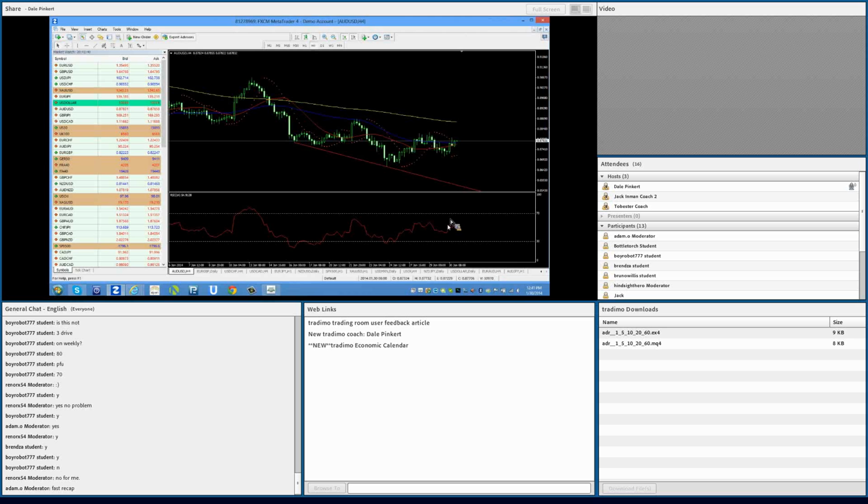You're going to have 2 divergences with the reading above 30. If you're going to be top picking, you want the RSI to diverge not once but twice, ideally beneath 70 for the second divergence. Does that help? For recap?